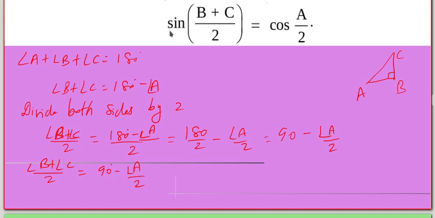Now we have to get sine, isn't it? Let the right-hand side stay as it is.